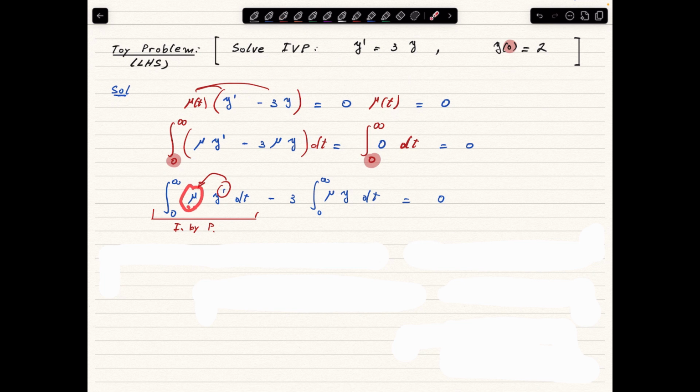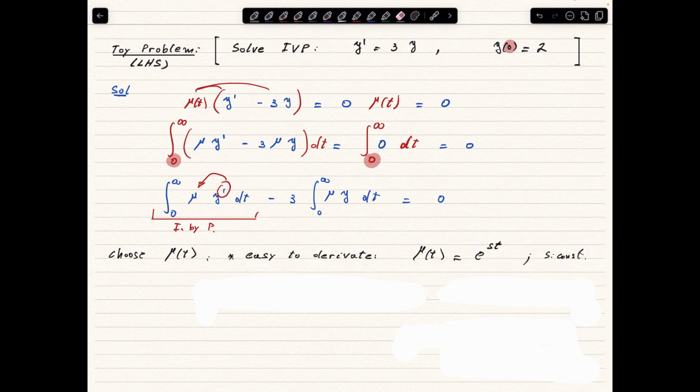If we put a function mu that is super complicated to differentiate, we are going to end up in big trouble. So we need to choose a function mu so that it's very easy to compute the derivative. It's up to us to choose this function mu. So we are going to choose it to be just an exponential, because derivatives are super easy here.